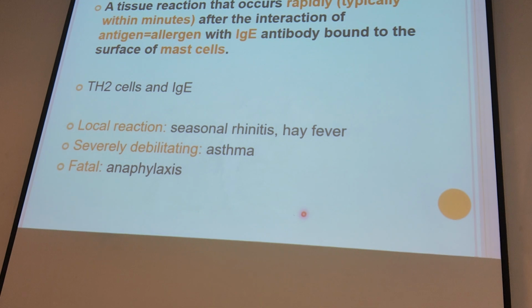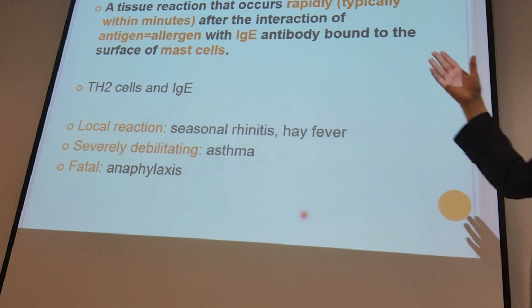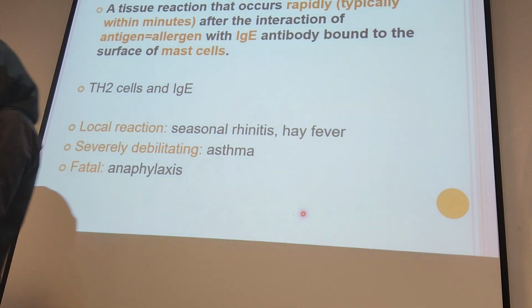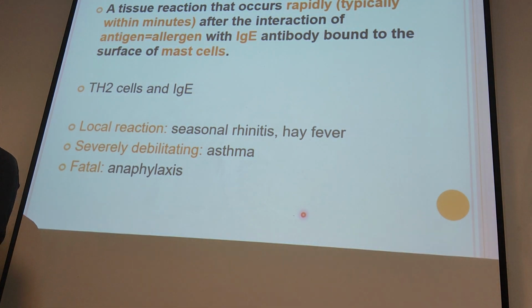This is called anaphylaxis. And if it is not treated, for example with epinephrine, they may die because of a shock. So we have different types of this kind of hypersensitivity. They can have mild symptoms or they can be fatal.